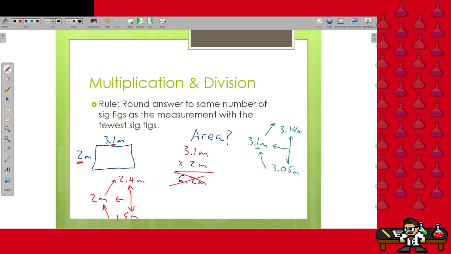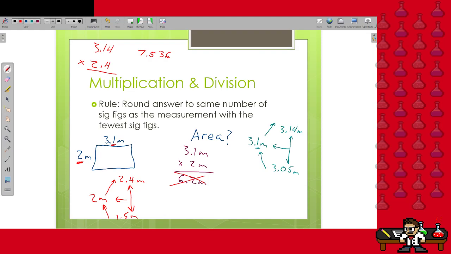I'm going to take the top two values, 3.14 and 2.4, and multiply those together. And this is going to give me a rather large number, 7.536.